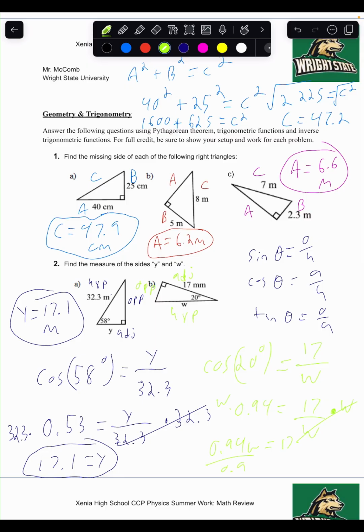Divide both sides by 0.94. W equals 18.09. Let's call it 18.1. And these are in millimeters, so that's going to be 18.1 millimeters. Okay, easy peasy.